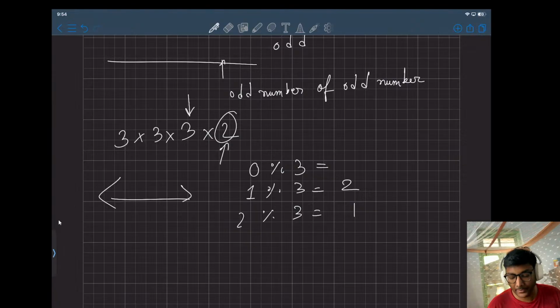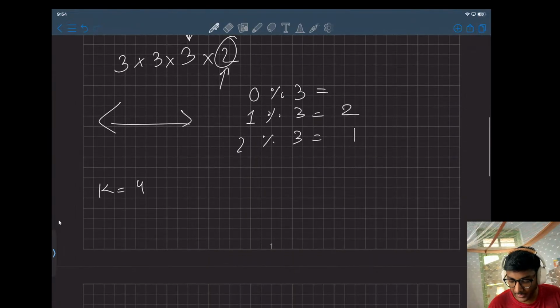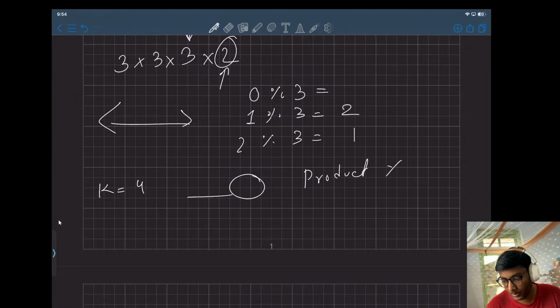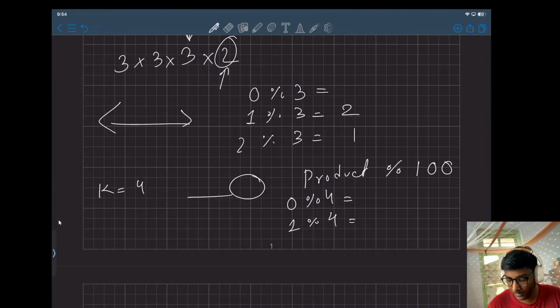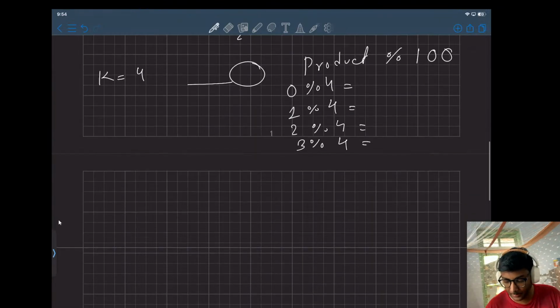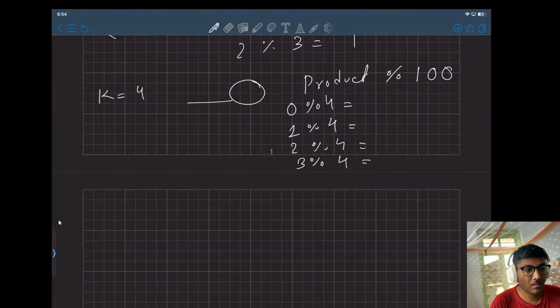Now, if k is 4, then I only worry about the last two digits of the number. So I can take the product modulo 100. Now, product modulo 100 can be 0 modulo 4, 1 modulo 4, 2 modulo 4, or 3 modulo 4. Now, let's think about this situation for 4.